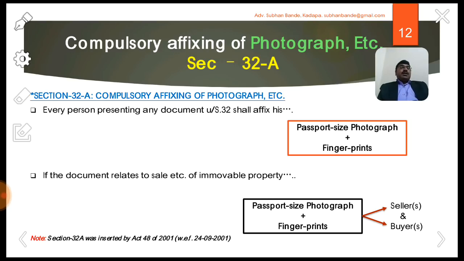If a property is related to more than one person, if two or more members want to transfer such property to one or more than one persons, then the passport size photographs and fingerprints of every person is required at the time of registration as under section 32A. If the document relates to sale, etc. of immovable property, then the passport size photograph and fingerprints of both the sellers and buyers is necessary as under section 32A.